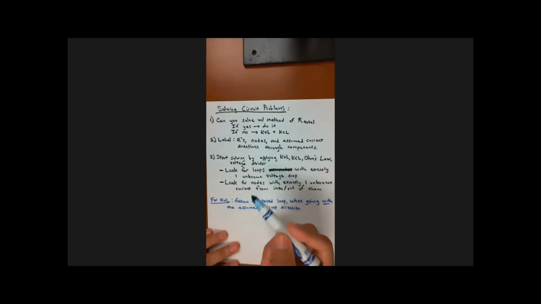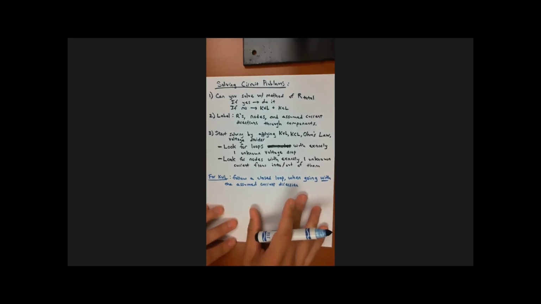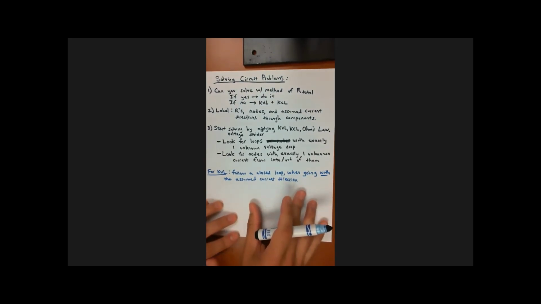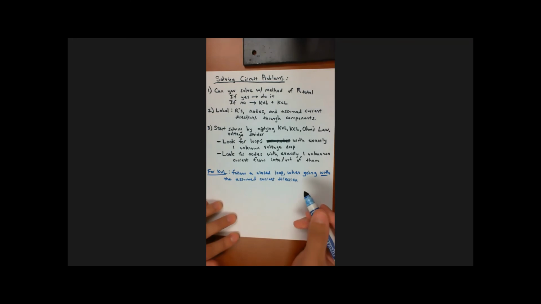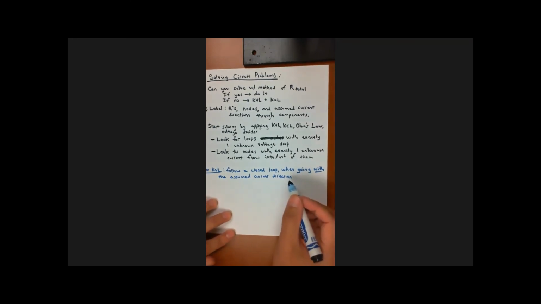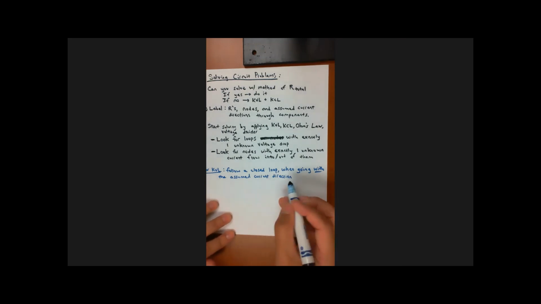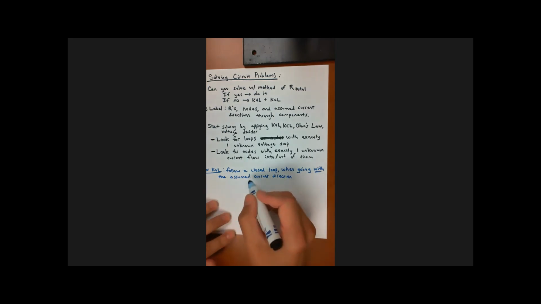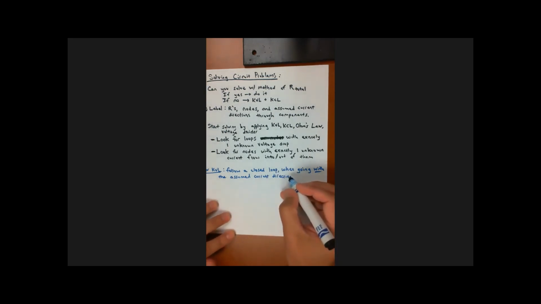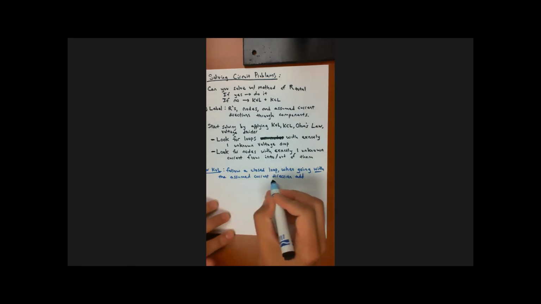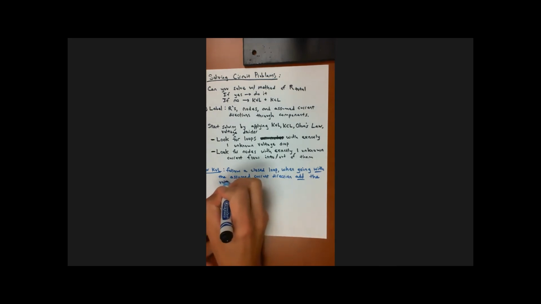You had to draw a little arrow next to the components to assume which way the current is going through the component. It doesn't matter if you're right or wrong, you just have to have that assumed direction in order to write a KVL equation. So when you're following along in your circuit, when you're going in the same direction as the assumed current direction with the arrow, then you're going to add the voltage drop.